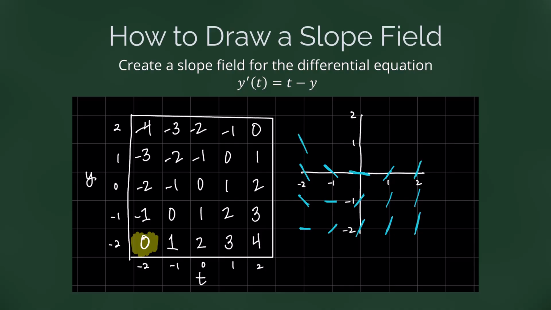I then have a slope of negative 3, a slope of negative 2, a slope of negative 1, a slope of 0, and a slope of positive 1.